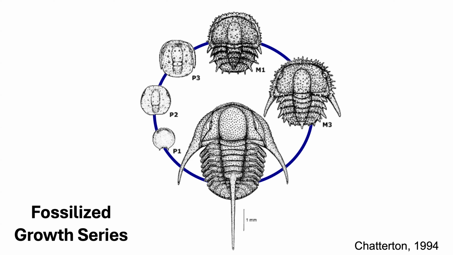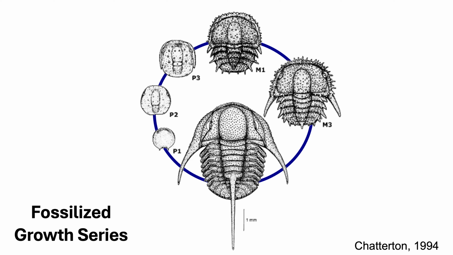This is the animal that has 3 segments in the thorax region, and here's its pygidium. Here, 1, 2, 3, 4, 5, 6 is the 6th segment. So what happens is that going from this stage to this stage, the trilobite is adding a new segment at the back and releasing one at the front of the tail plate.